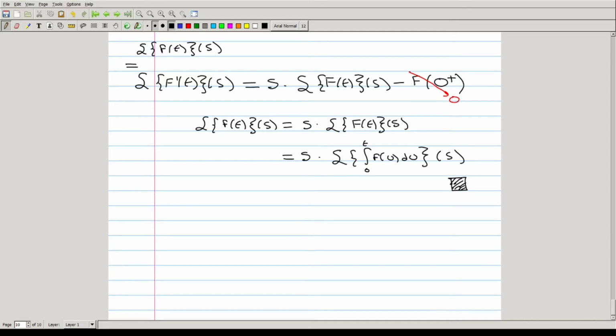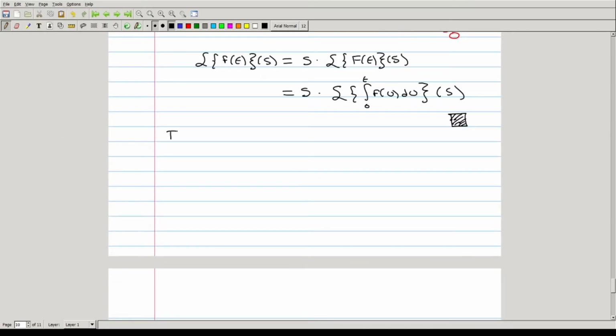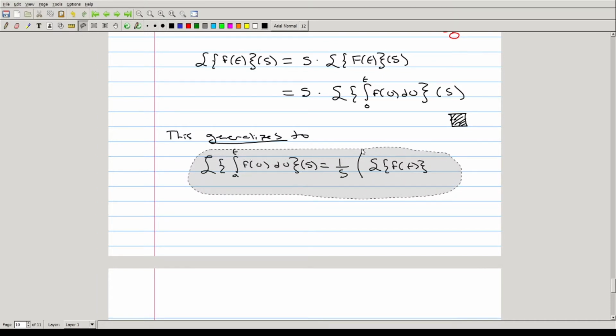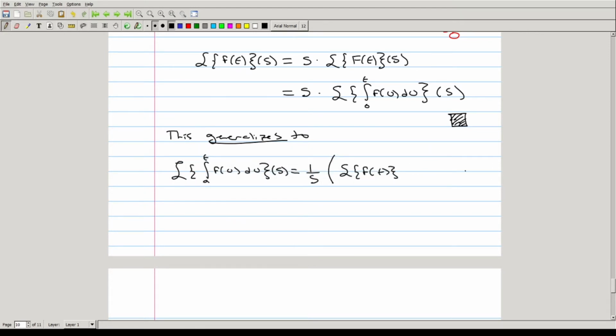And we can even generalize this, and I'm not going to go through and prove this, but this equation actually generalizes to the Laplace transform of the integral from a to t of a function f is equal to 1 over s times the Laplace transform of f minus the integral from a to s of f.